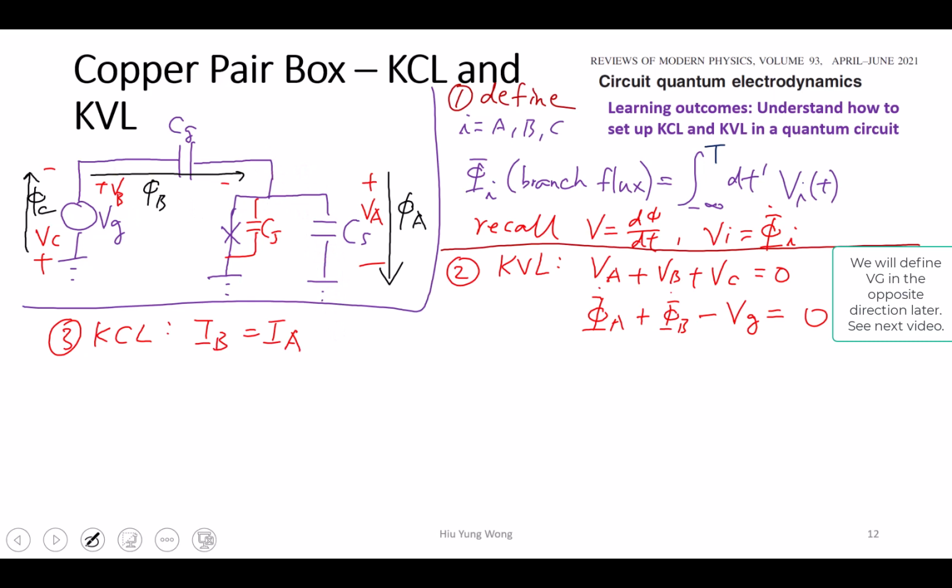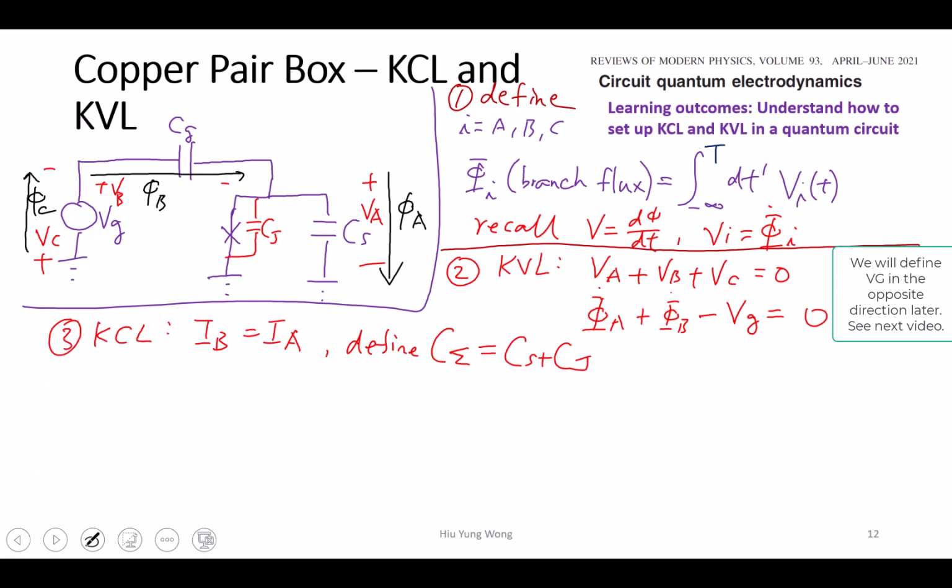And we are going to define one thing, a capacitor called the summation capacitance equal to CS plus CJ. So this one plus this one, they are in parallel, so we just sum them together, CS plus CJ.